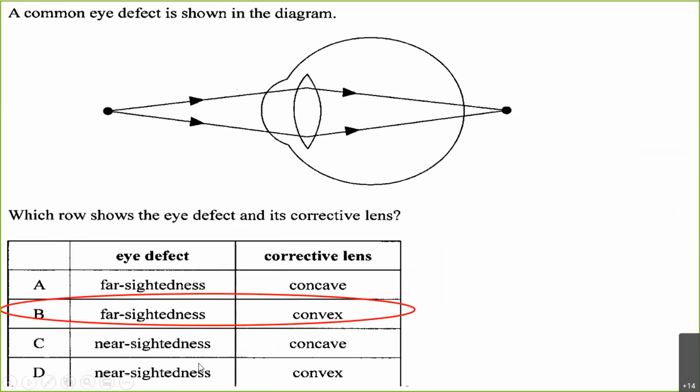Correct. Awesome job. So as we can see, the light is focused behind the retina. This is hyperopia. Too far. So the person is farsighted, and to correct that, we use a converging lens, aka a convex lens, to bring it together. Really good job, guys.